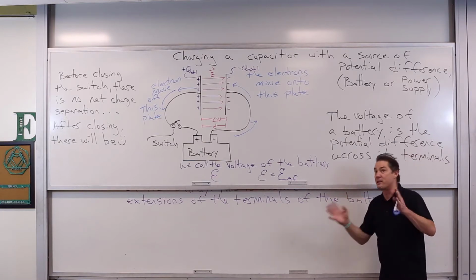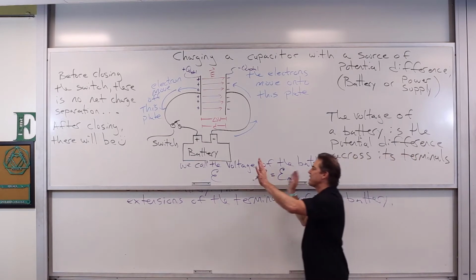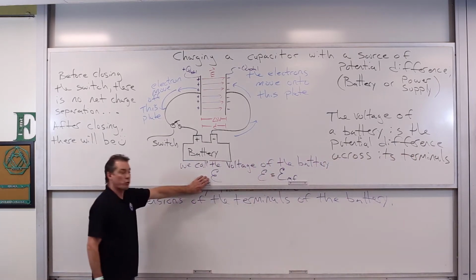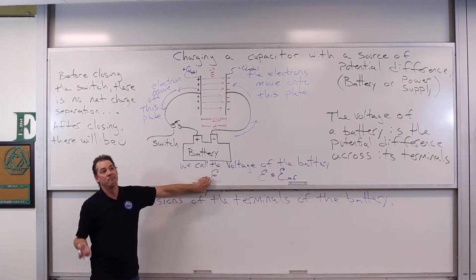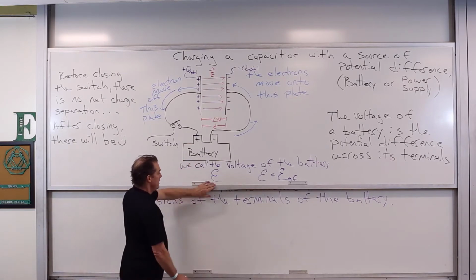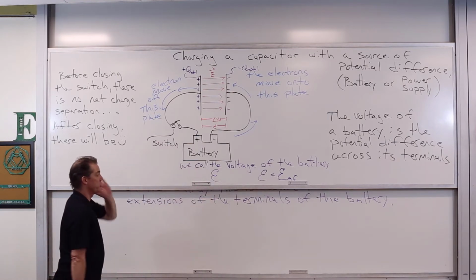Batteries have internal resistance. We haven't gotten into anything like that, so we're just going to assume this is kind of an idealized case where the EMF, or this script E here, the potential difference of the source, is equivalent to the voltage of the source. So if this is a 1.5 volt battery, hey, this is equal to 1.5 volts. 6 volt battery, this is equal to 6 volts.